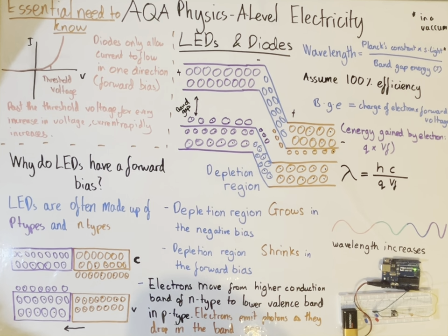So this is why blue LEDs require more voltage than red LEDs, because they have bigger band gaps and therefore they emit a shorter wavelength of light. And this is also why our first LEDs were infrared LEDs, because we could easily make small band gaps. But for blue LEDs, the band gaps were quite large, and this is what the difficulty was in blue LEDs.